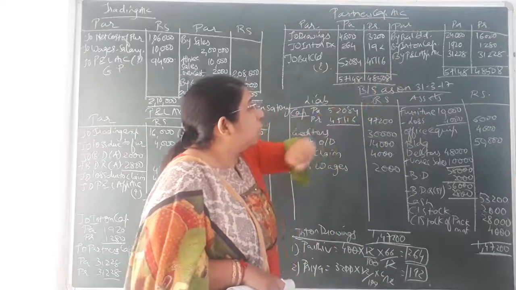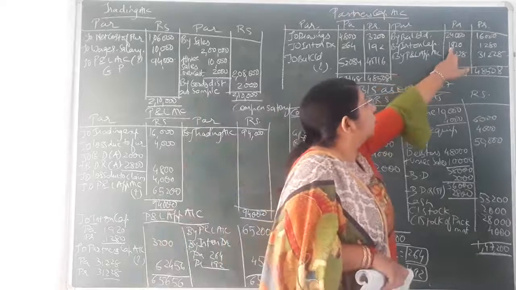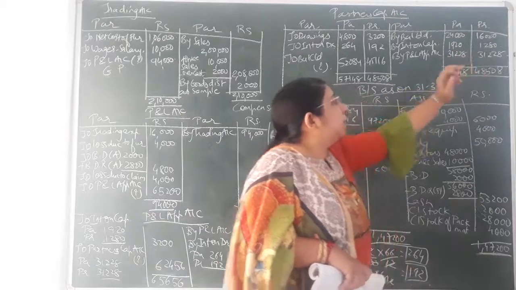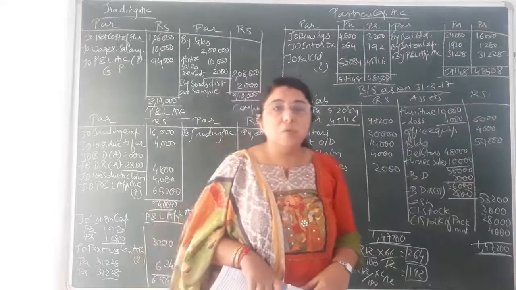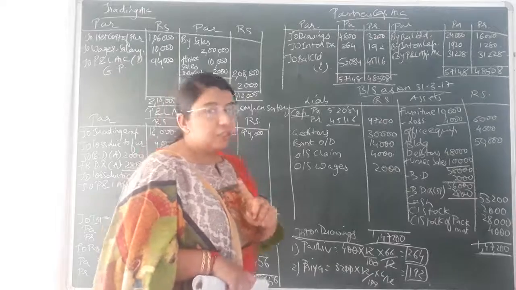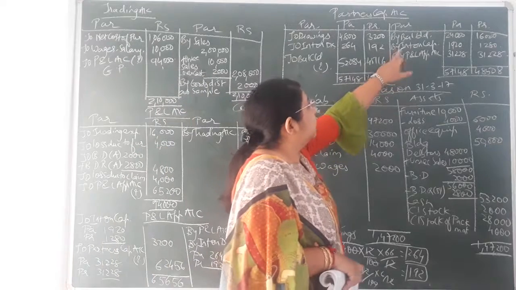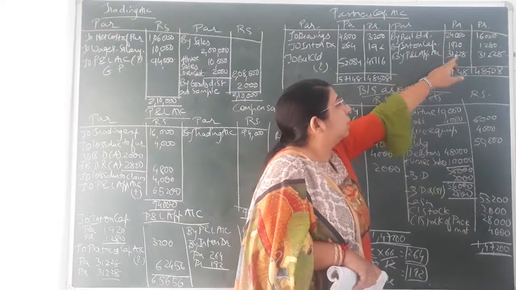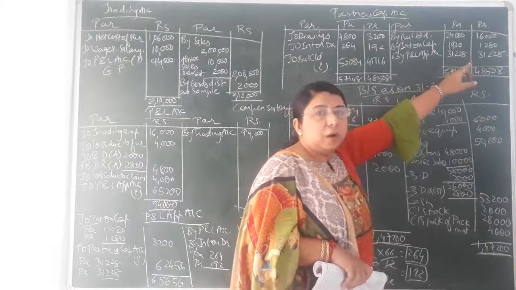On 24,000, 8% interest would come to 1,920. You can count it. And on 16,000, 8% interest would come to 1,280. Okay. So two effects we would have, because it is an adjustment. One effect, that is credit side of partners capital account by interest on capital 1,920 and 1,280.